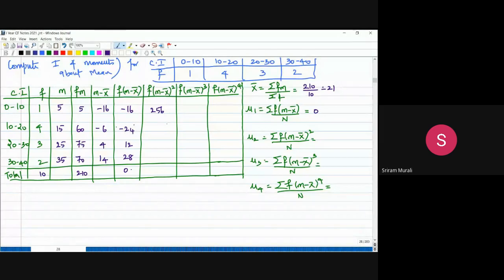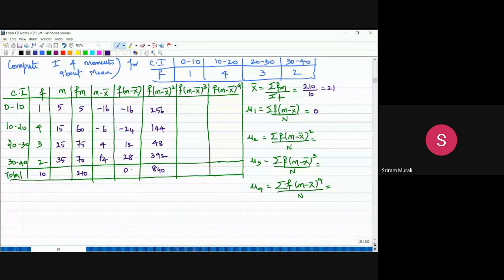Then 6 square into 4, I made a mistake. This is 16 square into 1, 6 square, 36 into 4, this is 144. Then 14 square, 196, 196 into 2.